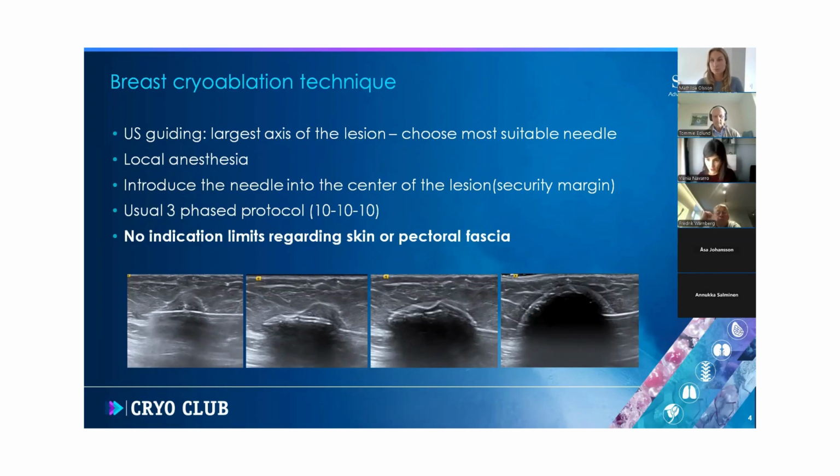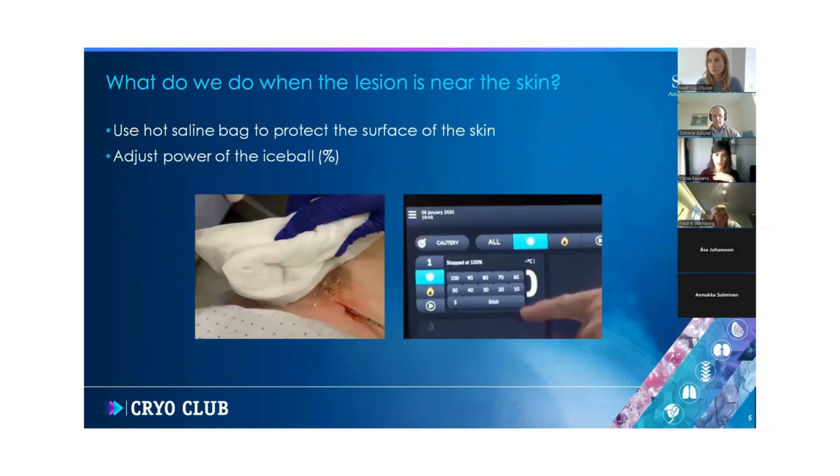And again, there is no limit if we are close to the skin or the pectoral fascia. We do not do anything if we are close to the pectoral fascia, it is okay. And if we are close to the skin, we have these two very helpful tools. On one hand, we use a hot saline bag covered with a gauze, you can see here, and we put it on the surface of the skin when we see it is turning white, when it's beginning to freeze.